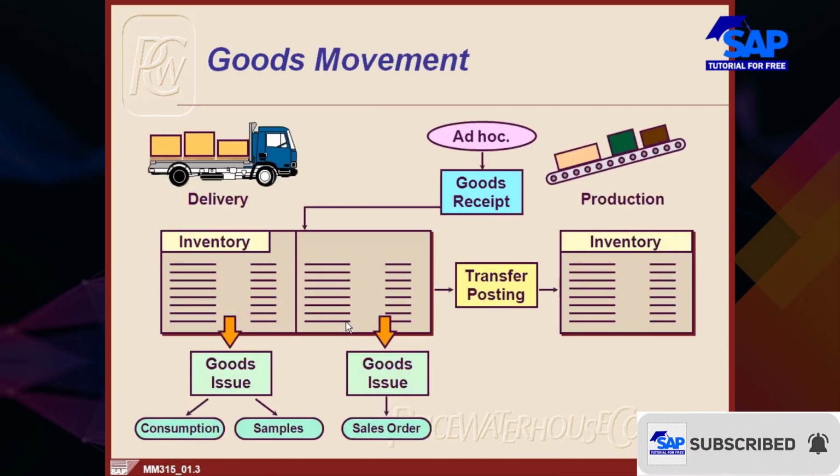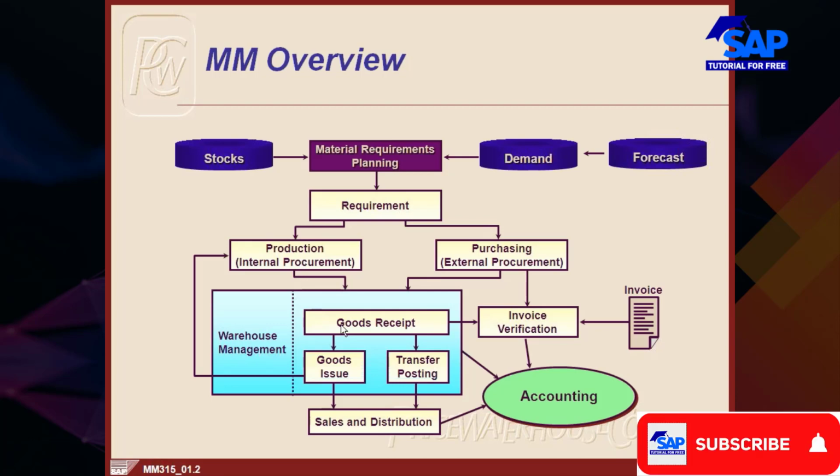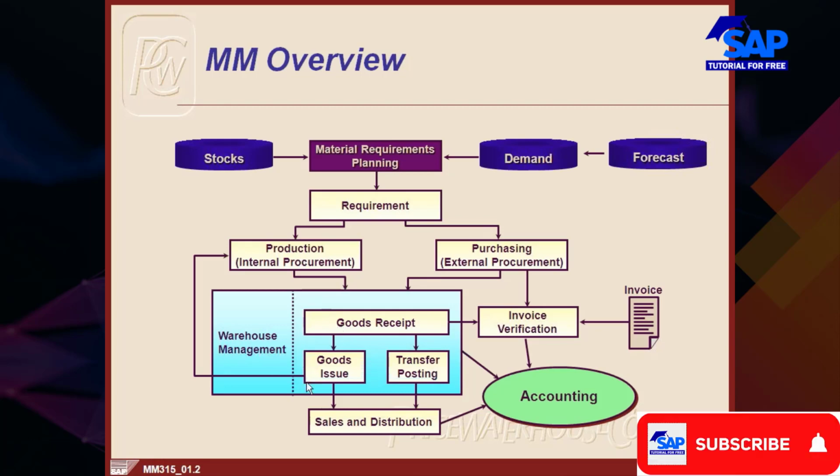Once you receive the material, you keep it in stores depending upon requirement. Either you issue the material to the production order if it is a raw material, or you issue it to what we call the inspection department as a sample, or if it's a finished product, you ship it to the customer with reference to a sales order.